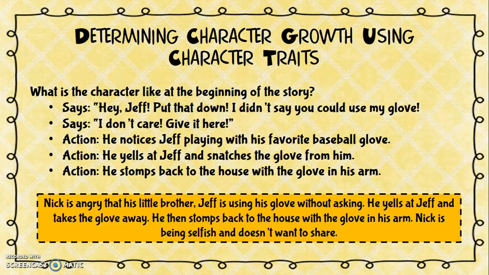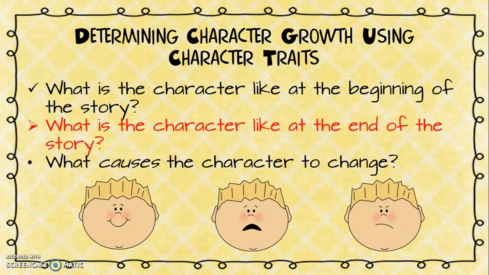Using those pieces of information, we could infer that Nick is angry. He's mad at his little brother. He's mad that Jeff used his glove without asking. So he yells at Jeff and he takes the glove away. Then he stomps back to the house with the glove. He's being selfish and he doesn't want to share his baseball glove. So that's what he was like at the beginning of the story.